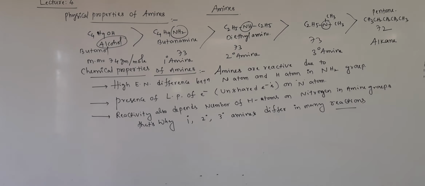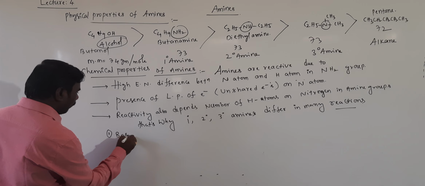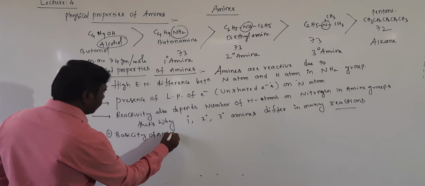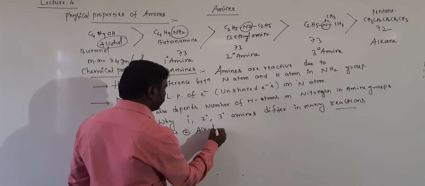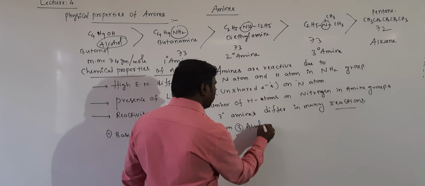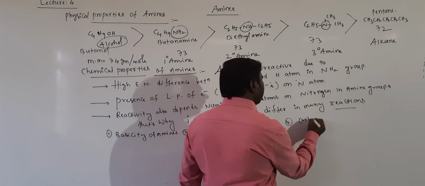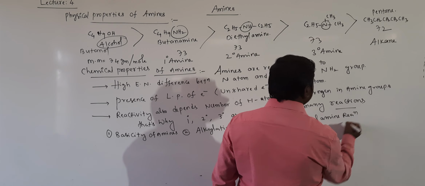Now, chemical properties: there are 7 given. One is basicity of amines. Second one is alkylation. Third one is acylation. Fourth one is carbylamine reaction.